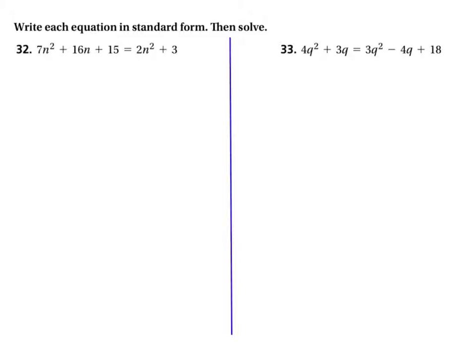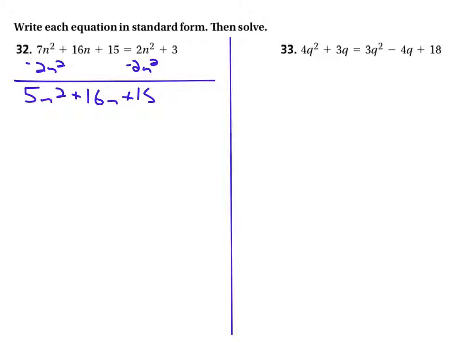Okay, just one more little extension of this. It says write each equation in standard form, which means we need to get it into an ax squared plus bx plus c equals 0 form. So we're going to subtract 2n squared from both sides, and we get 5n squared plus 16n plus 15 equals 3.